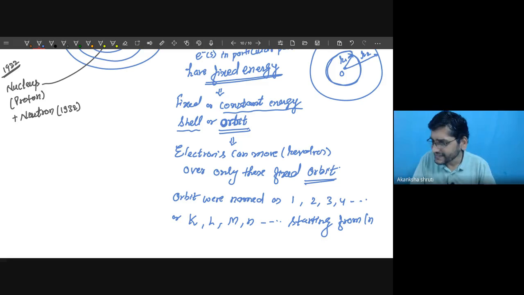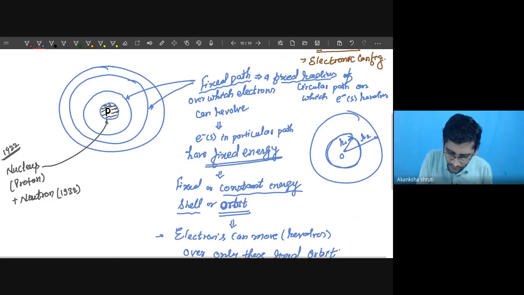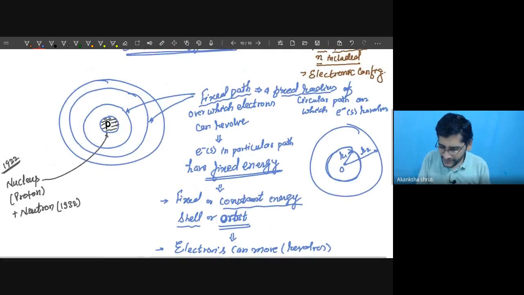It is not exactly touching the nucleus, so it is near the nucleus. Okay, students. So this is all about the concept of the Bohr model, who suggested that there is a fixed path.